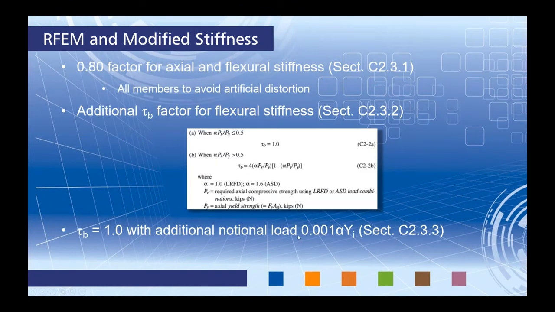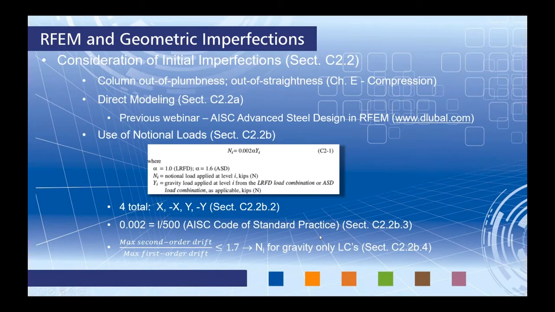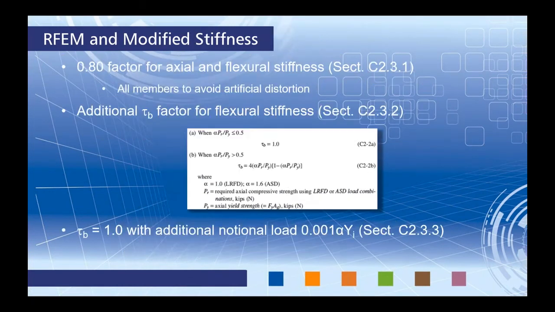Now, it is very clear that this notional load is not in lieu of our notional loads from our geometric imperfections, but it must also be applied to our different levels. So what's nice though is that in RFEM we can take this into account. So to me it's almost easier to have the program automate this tau sub b calculation than to go back in and add even more notional loads.